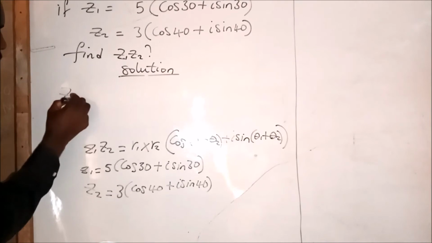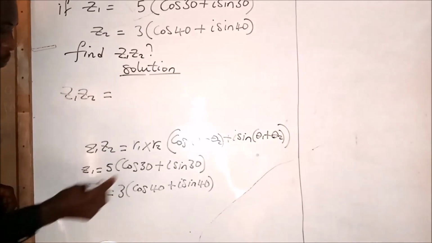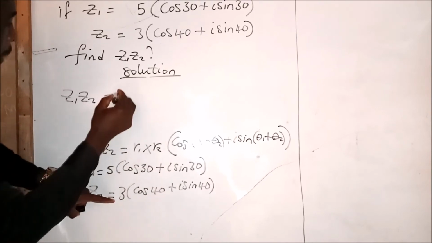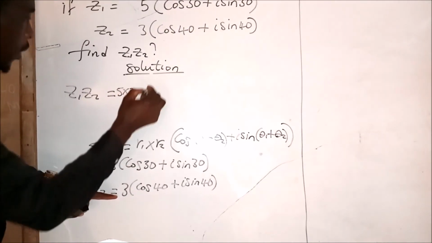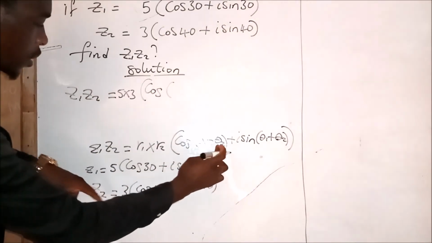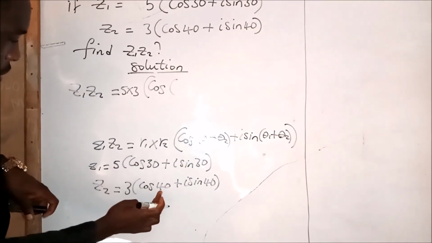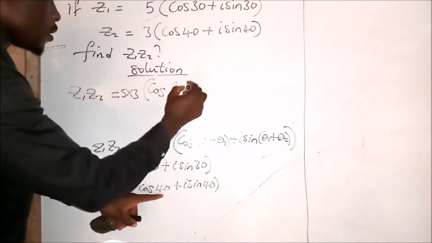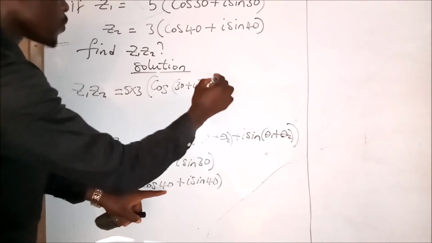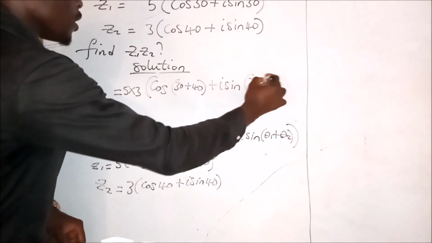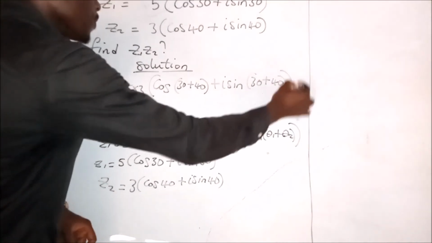We have that z1z2 is going to be, this is r1 r2, so we say 5 multiplied by 3, bracket, cos of theta 1 plus theta 2. Theta 1 is 30, theta 2 is 40. So we have cos of 30 plus 40, then plus i sin of the same 30 plus 40.